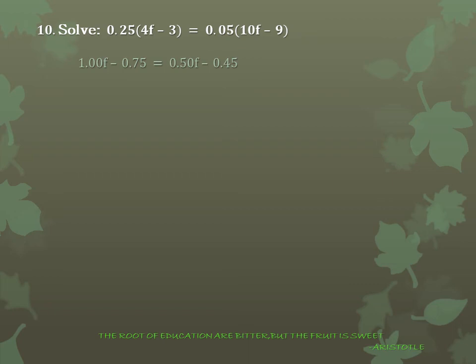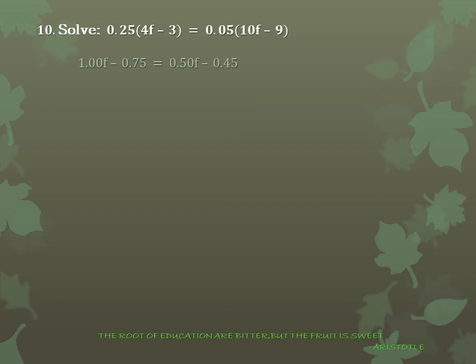Therefore, our new equation becomes 1f minus 0.75 is equal to 0.5f minus 0.45. Both f terms we can transpose into one side.